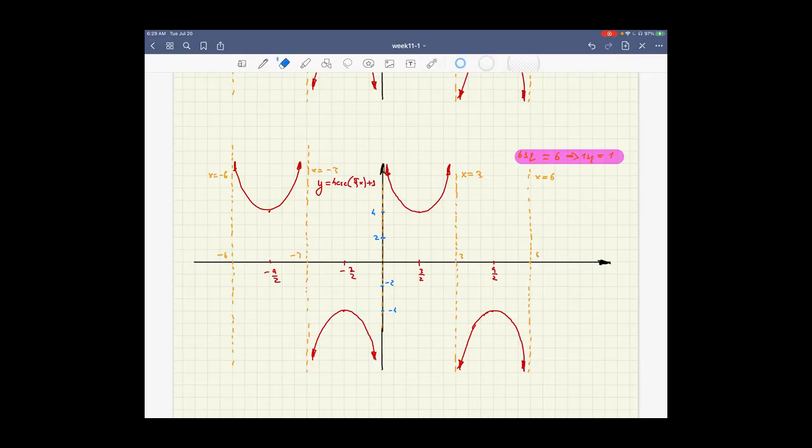So, for instance, the upward curves will start at 5, and the downward curves will start at -3 rather than -4.